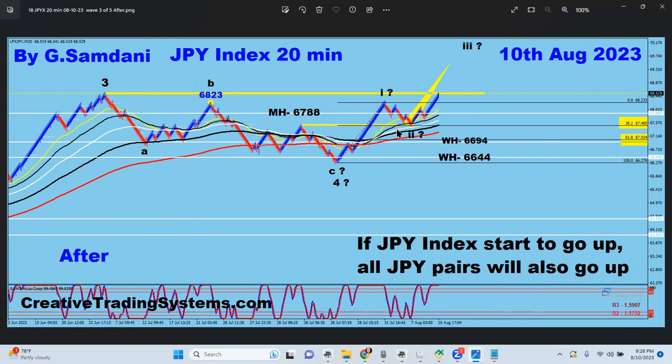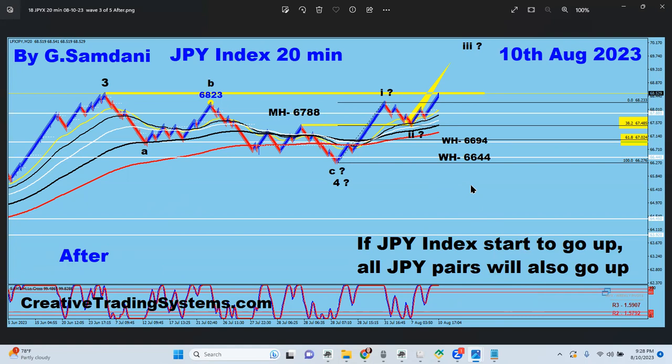Now, again, from here to here, if it went up, it should have taken all the yen pairs to the upside. So I should have some long trades to show, right? That's the question. Do I have anything? If I do this analysis and write down that all yen pairs are going to go up, but then I don't take any trades, that doesn't make any sense.